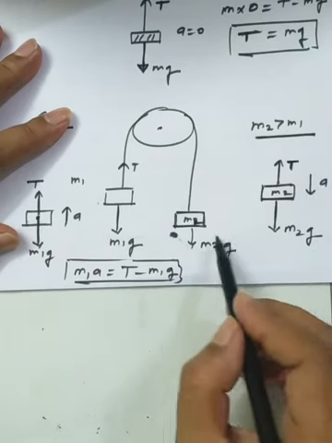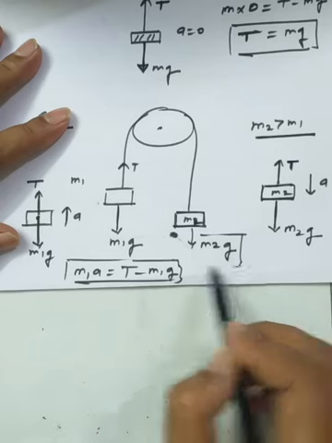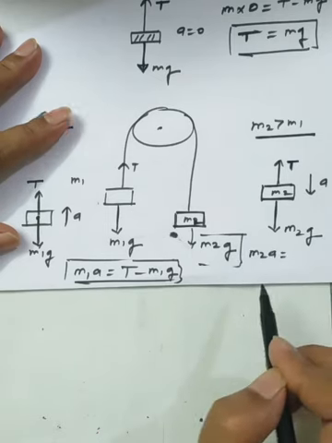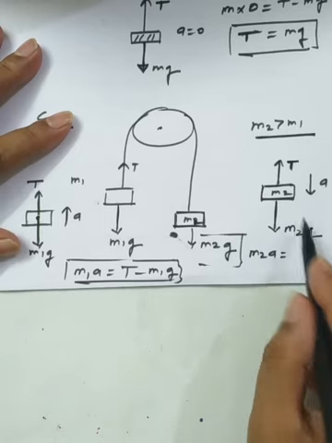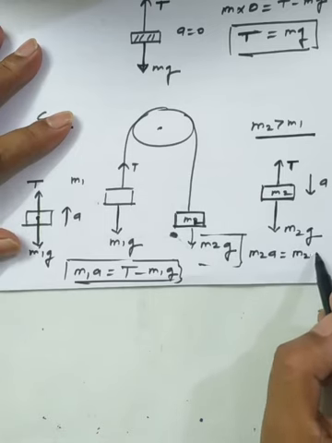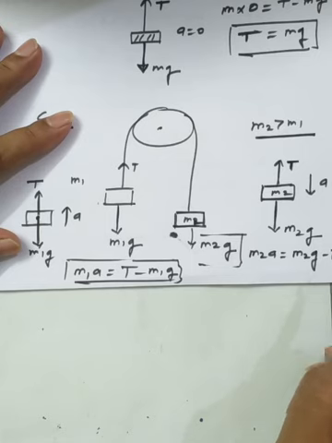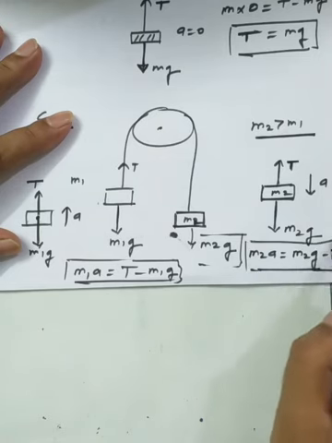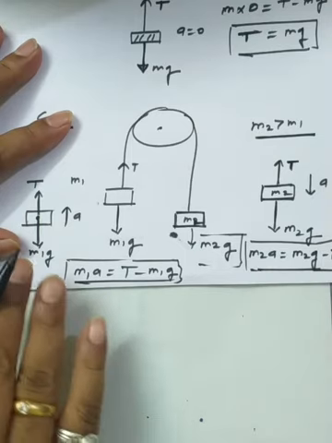So how can we write the basic equation for this object? I am writing m2a, that net force arising from the balancing of the two forces, equal to m2g minus tension.